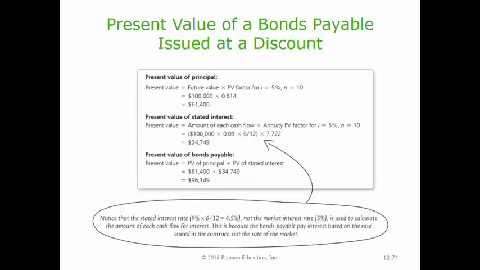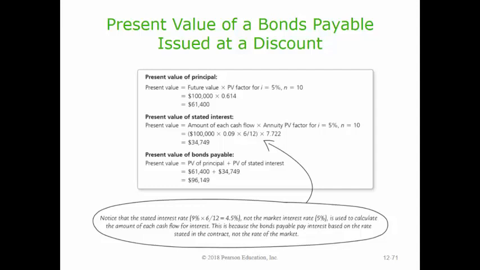The present value of these bonds is $96,149. The present value of the principal is $61,400, the face value of $100,000 times the present value factor of 0.614. The present value of the interest payments, an annuity, is $34,749, calculated as $100,000 times 9% times 6 divided by 12, and then times 7.722.